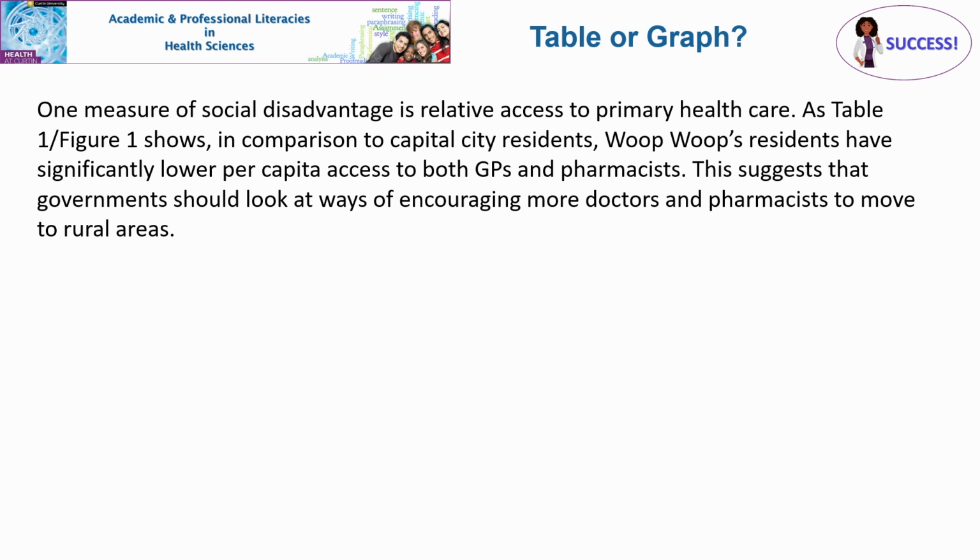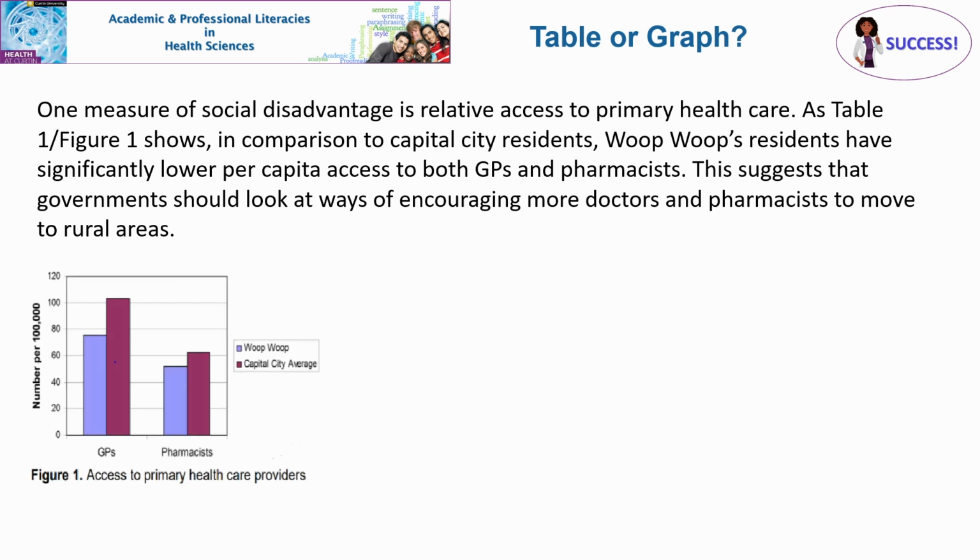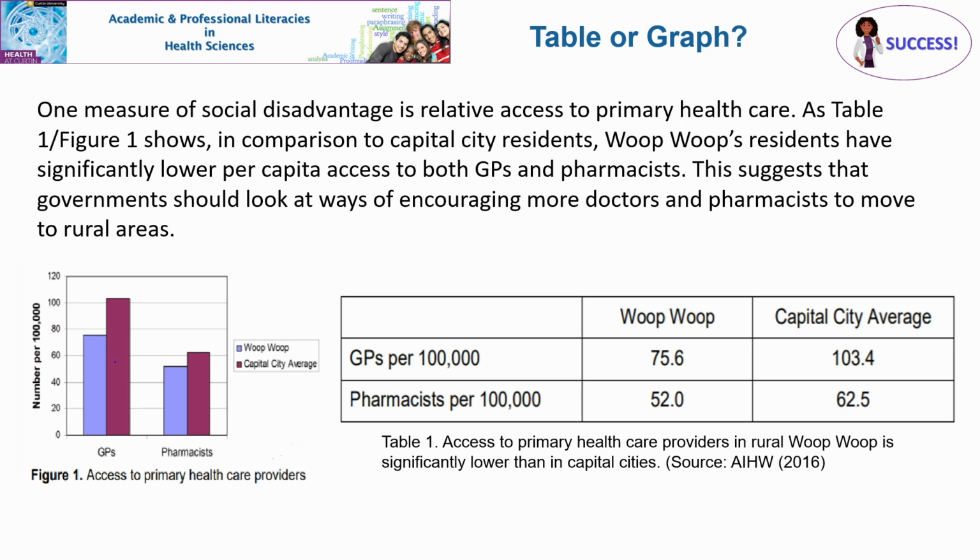Okay, so that's the information that we are focusing on. But which one of these provides a more interactive or a clear way of presenting this concept and this information based on the statistics?